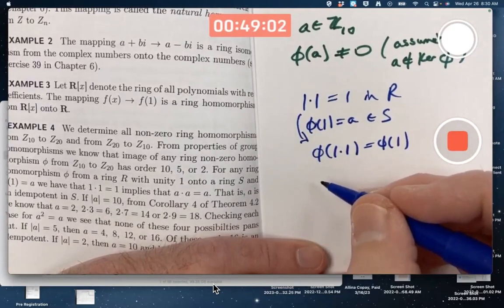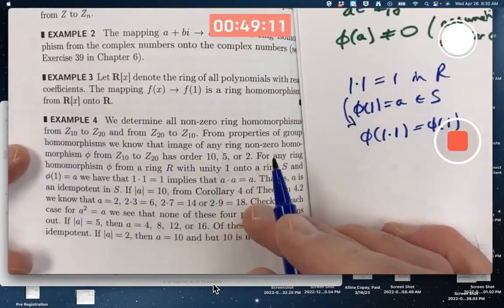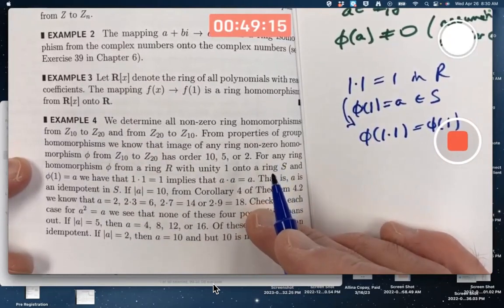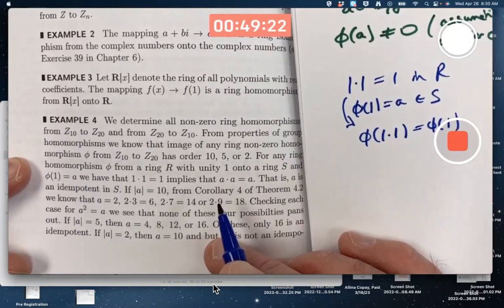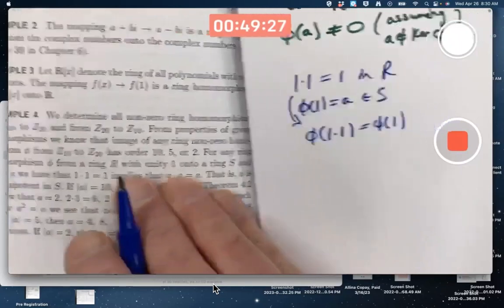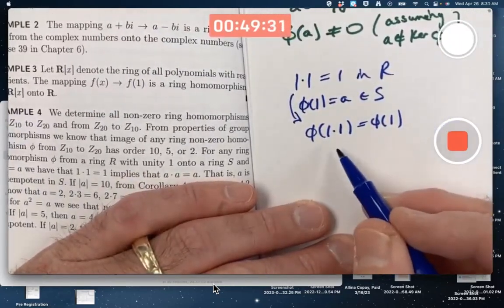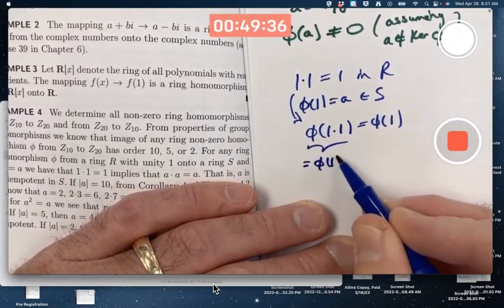Use the fact that phi is operation preserving with respect to multiplication. In the previous sentence, we were only using group homomorphism properties. Here in the next sentence, we are talking about multiplication. We are thinking about the ring homomorphism properties, operation preserving with respect to multiplication as well as addition. Phi of 1 times 1, since phi is operation preserving with respect to multiplication, must equal phi of 1 times phi of 1.